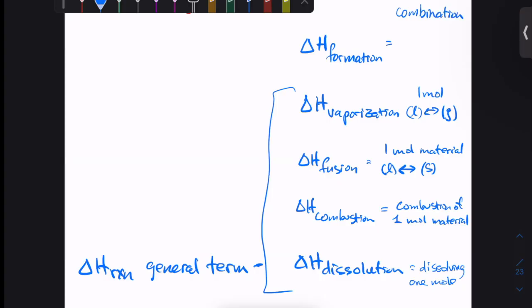So it's forming 1 mole of material from elements as they're found in their natural state. I'll be redefining these when we use them, but we're going to be using delta H of formation later on in the lectures. We're going to be using delta H of vaporization and fusion in this next current discussion here.